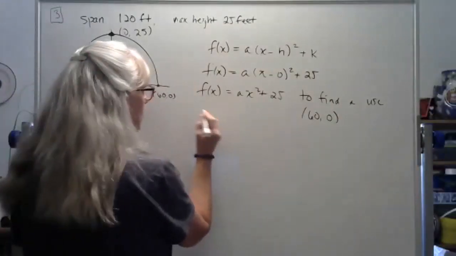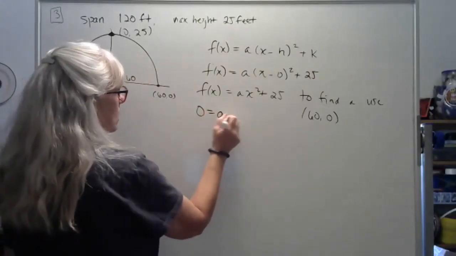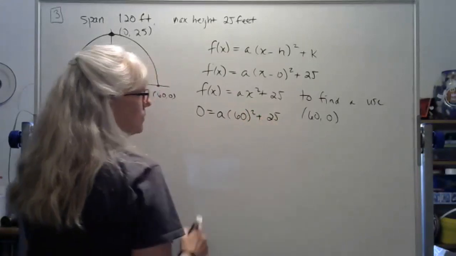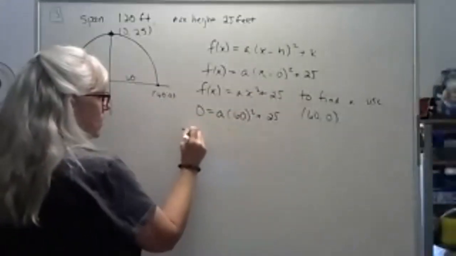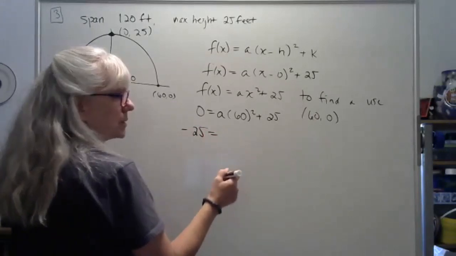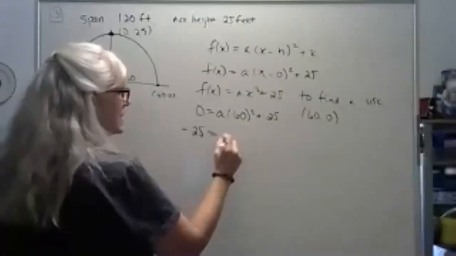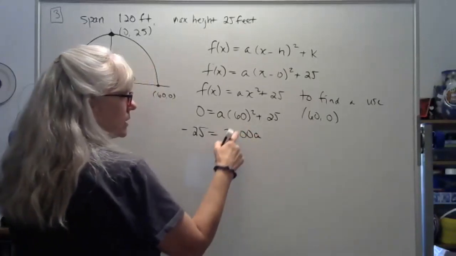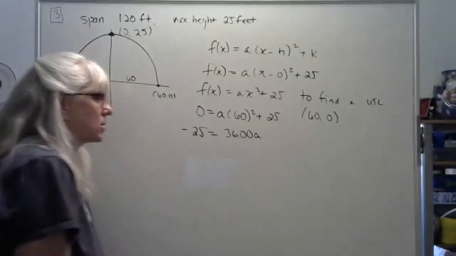All right, so we just said the y is 0. That's going to be equal to a times 60 squared plus 25. I'm going to immediately move that 25 over because if not, I'll do something stupid with it. So, and 60 squared is 3,600. So 6 squared is 36, the 0 doubles, so I get 3,600a.